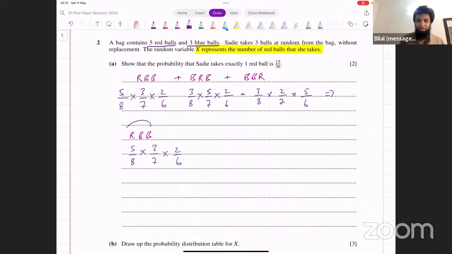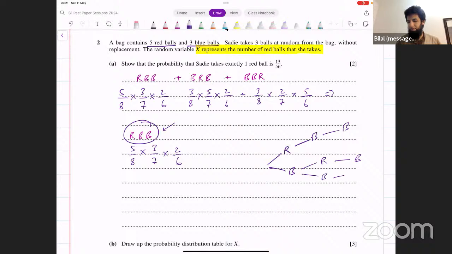And then you think about in how many ways can you arrange this? So on a tree diagram, you would have red, blue, blue. That is one possibility. That gives you 1 red and 2 blue. Another possibility would be blue, and then red, and then blue. Another possibility would be blue, and then blue, and then red.